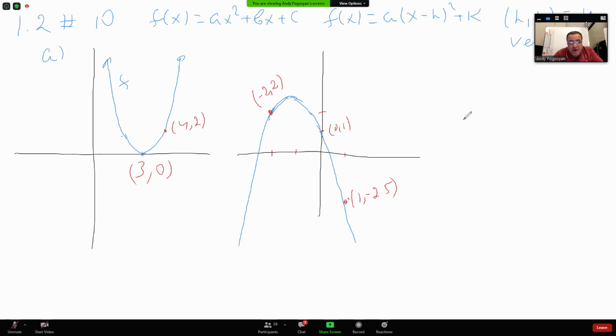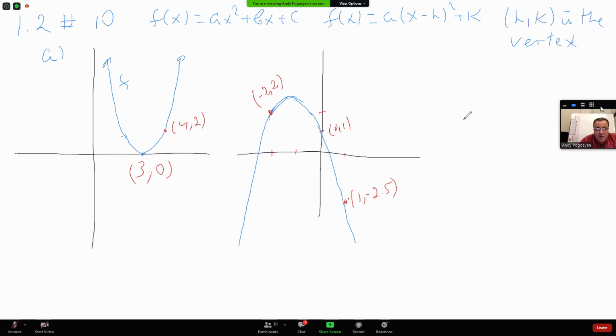See, for a line, we need only two distinct points, right? To draw a uniquely defined line. For a parabola, you need 3 distinct points, not collinear points, so you can draw the parabola passing through those 3 points. And in general, you have 3 unknowns in the equation, a, b, and c.